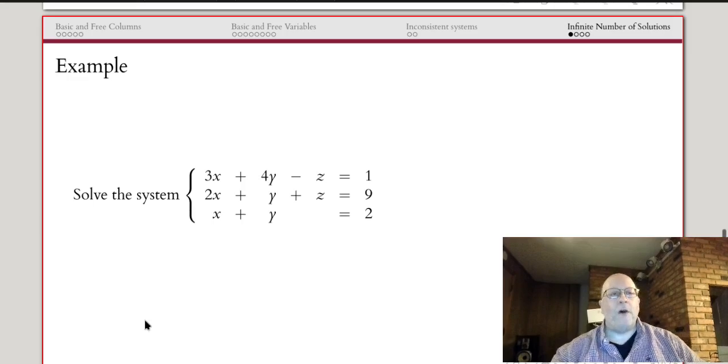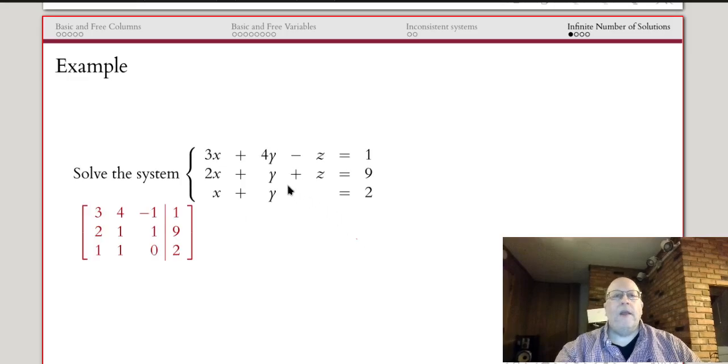All right, let's move on. We're going to solve this system of equations here. 3x plus 4y minus z is 1, 2x plus y plus z is 9, x plus y is equal to 2. And this is the augmented matrix for this system.